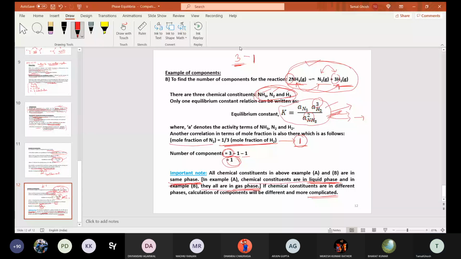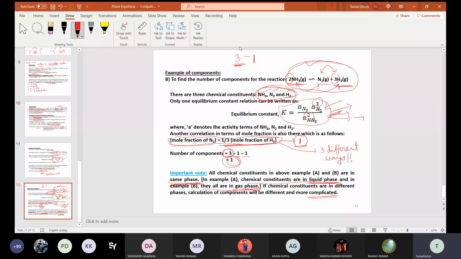And then another correlation is the mole fraction of nitrogen and hydrogen that I have written here. This same correlation you can write in 3 different ways. I have written with nitrogen and hydrogen. If somebody wants, he or she can write with ammonia and nitrogen or ammonia and hydrogen.